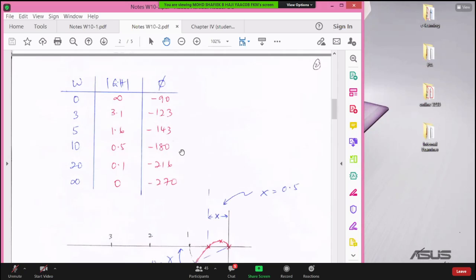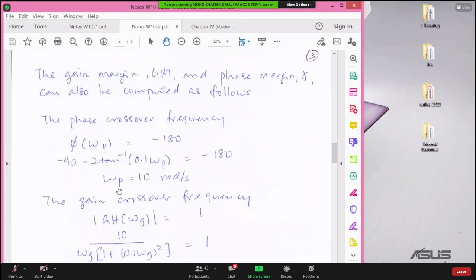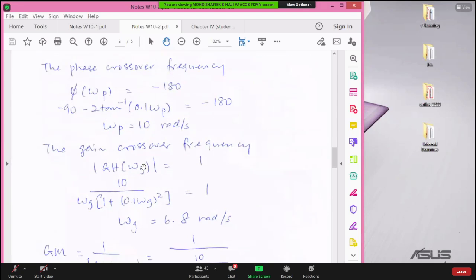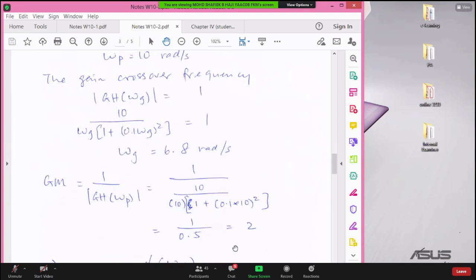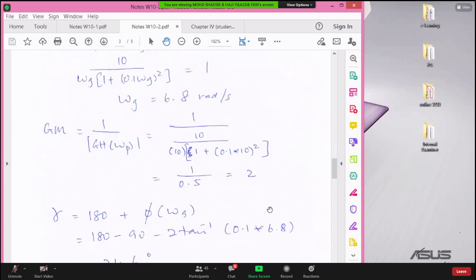Because when frequency is equal to the phase crossover frequency, the phase angle is going to be equal to 180. So now we have this phase crossover frequency equal to 10. So therefore now we have this gain margin equal to 2. So the gain margin is how much you can increase the value of your controller before it becomes unstable.